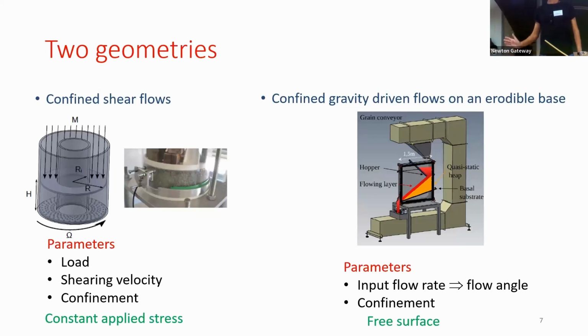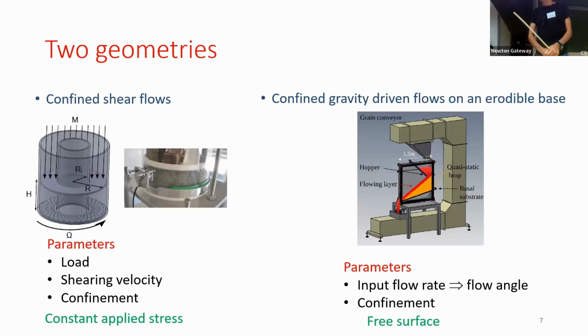The second geometry is the confined granular flow. It is exactly the same thing that I showed you before. You have two sidewalls, and you have a gravity-driven flow between these two sidewalls. So the confinement is due to the presence of the sidewalls.